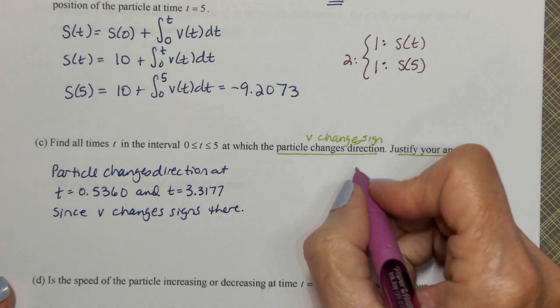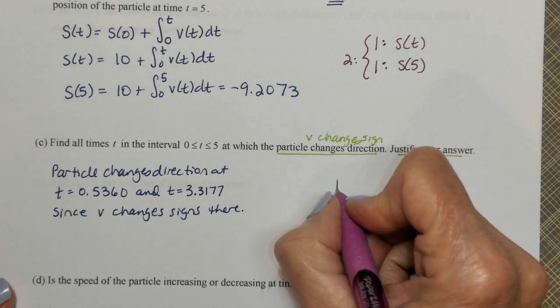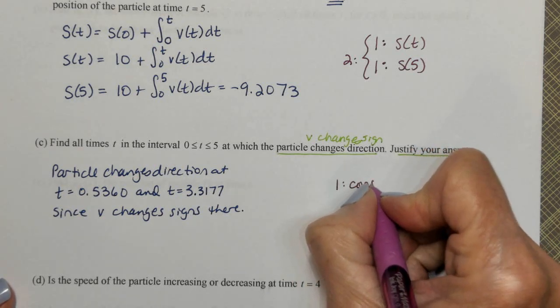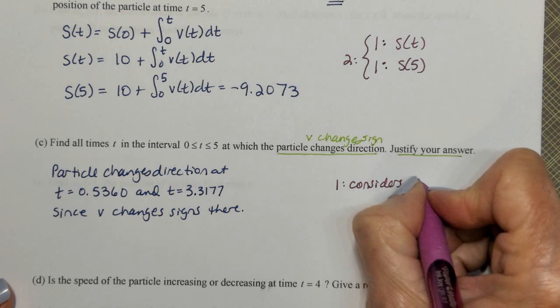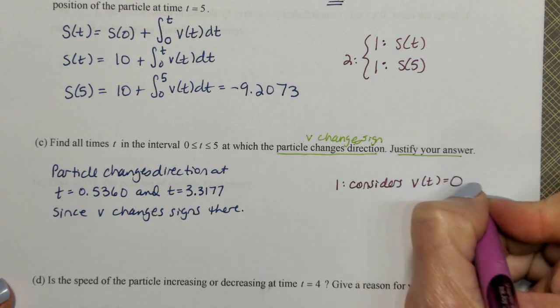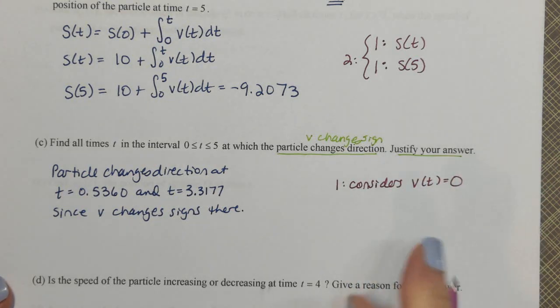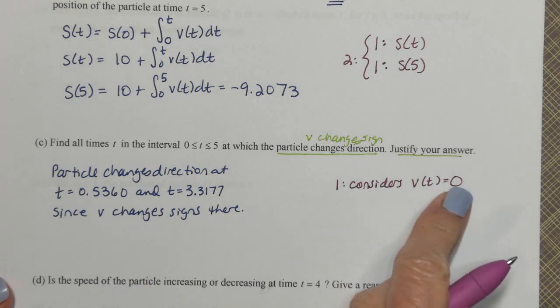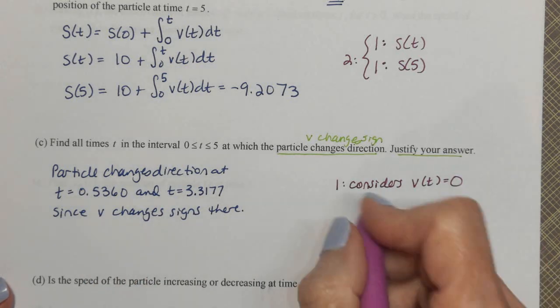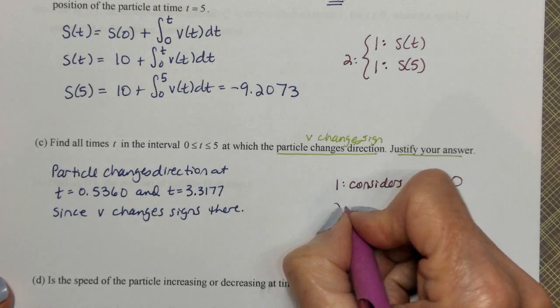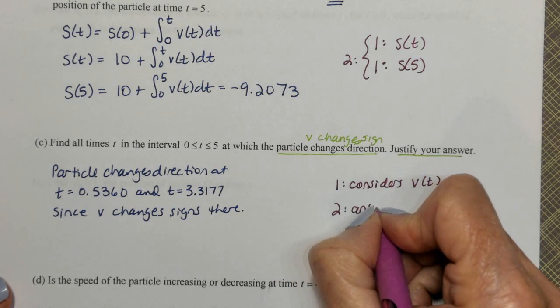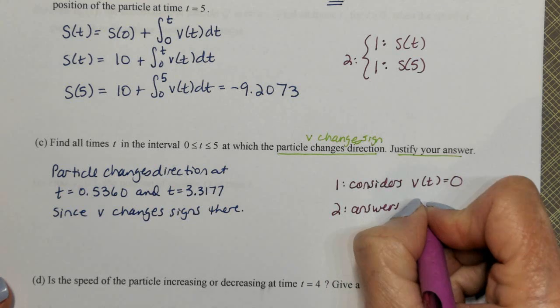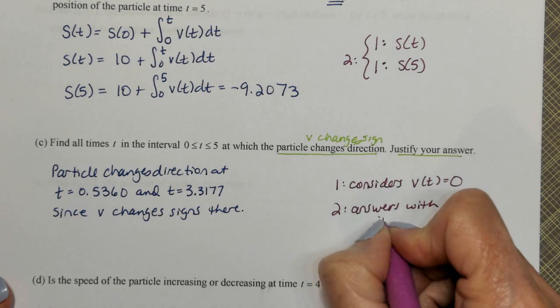I was a little bit surprised. 3 points. 1 point for considers v of t is equal to 0. Did we do that? Yes, we did, because v changes signs. That's when v is 0. So yes, we still did that. 2 points for the answers with justification.